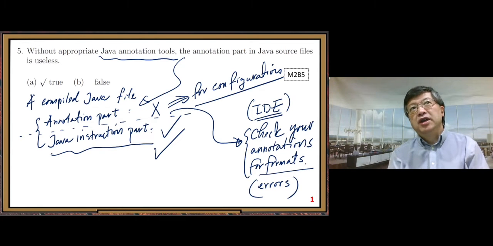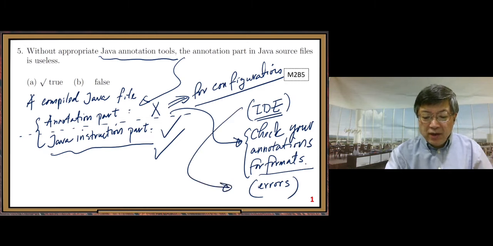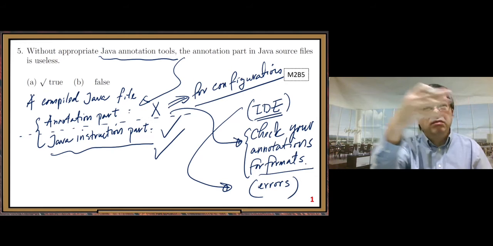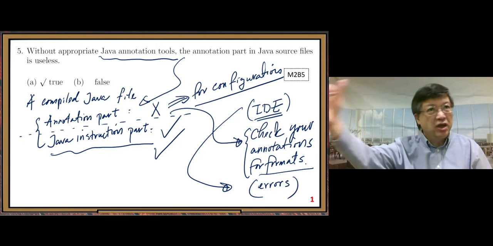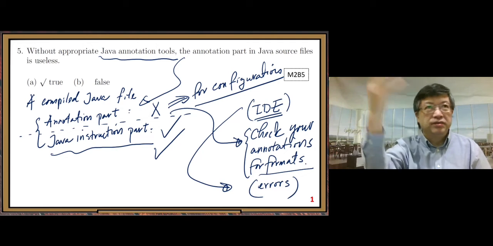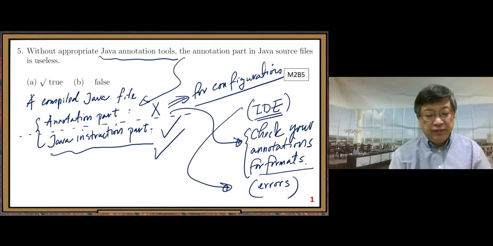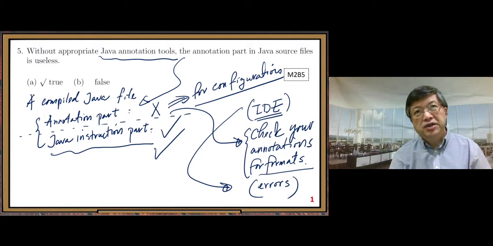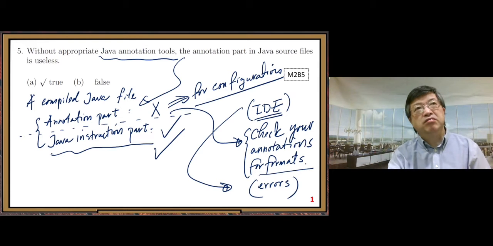Yeah. So this kind of behavior in IDE makes the annotation part look like the regular Java statement. Regular Java statement. Okay, yeah. But they are different. Yeah. So annotations mainly provide configuration information.